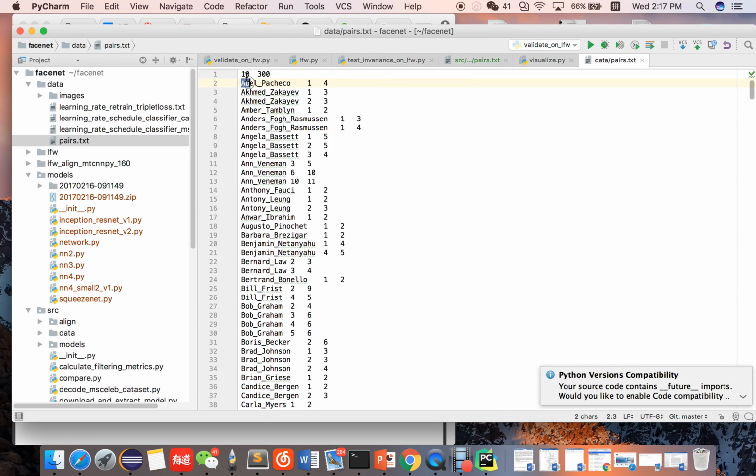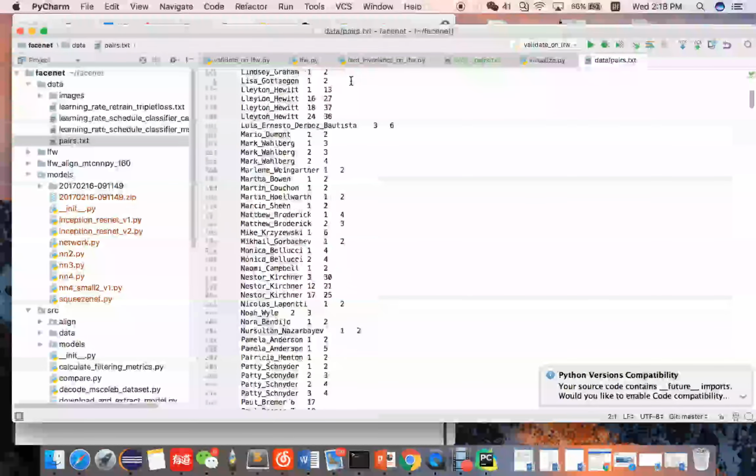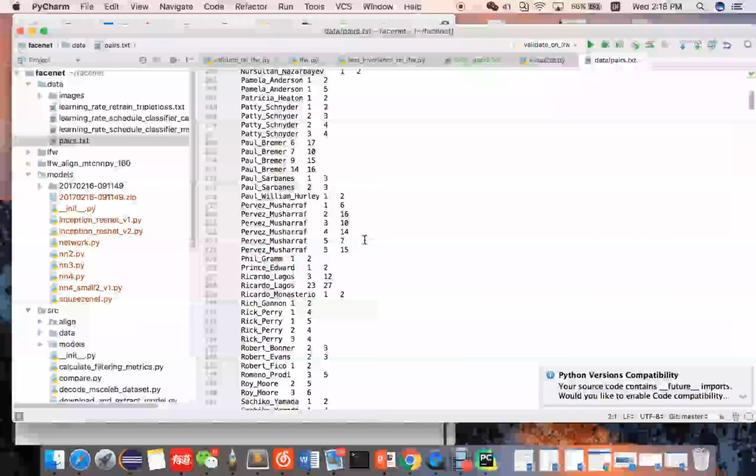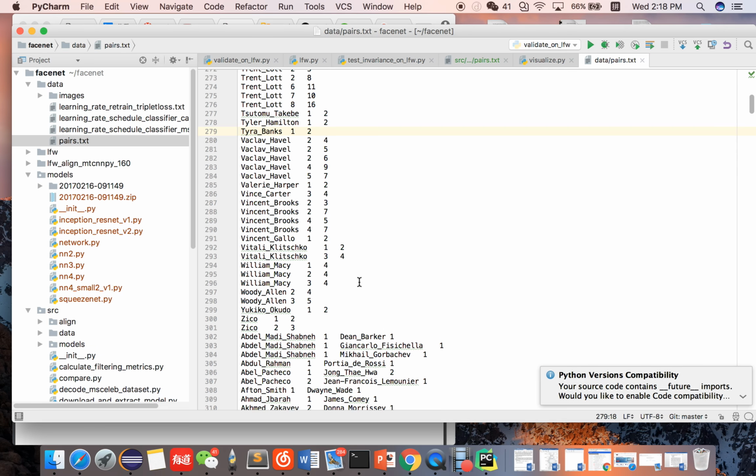The first line, the line LB Patchlow 1 4, means that picture 1 and picture 4 are recognized successfully as LB Patchlow. So if a line has only one name, it means they are recognized successfully. But in this part, a line shows two names.